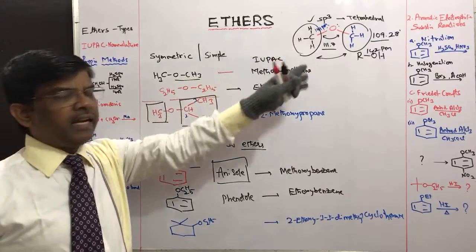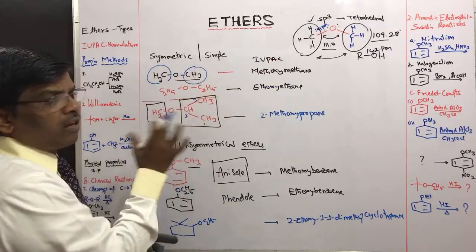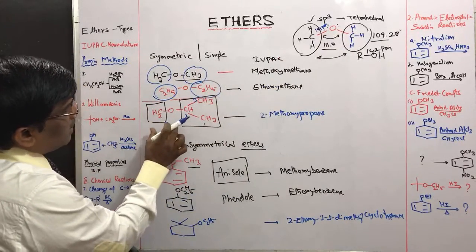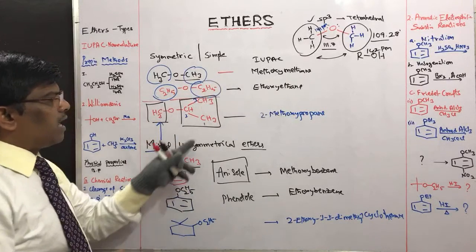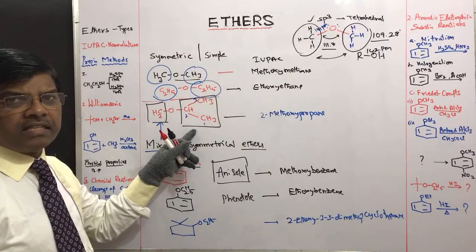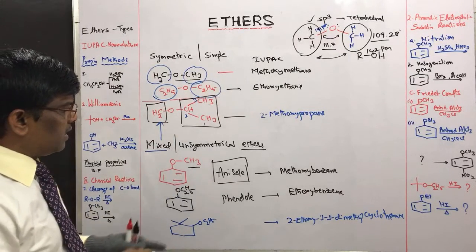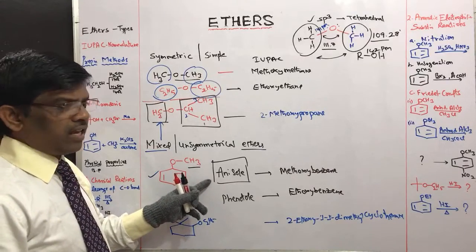Usually ethers are symmetric where the two side groups are the same: methyl and methyl, or ethyl and ethyl. Here it is mixed, where one side group is different from the other. These types of ethers are known as mixed or unsymmetrical ethers. For example, methoxybenzene, commonly known as anisole.